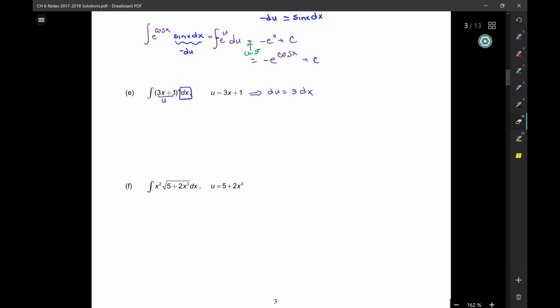So we come back here. This is my u. What do I have left over? dx. Whatever is left over has to appear exactly as is here. Nothing extra. So what can I do so that here I only have dx and nothing more? Divide by 3, divide by 3. So now I have 1 over 3 du is equal to dx. So when I get back here, u to the 4, 1 over 3 du.